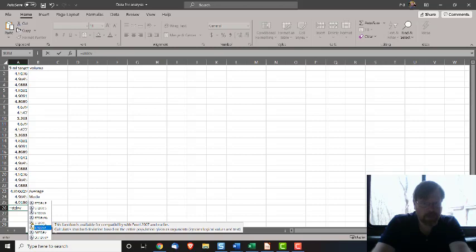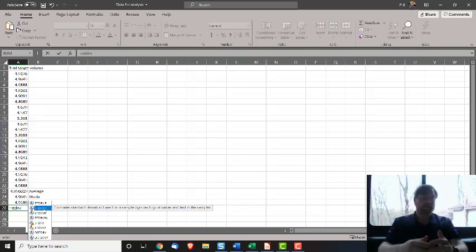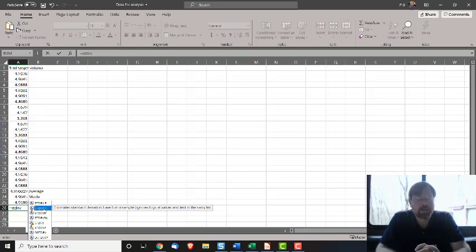Okay, so we've got stdev.s and stdev.p. One is for a sample standard deviation, and the other is trying to look at a population.